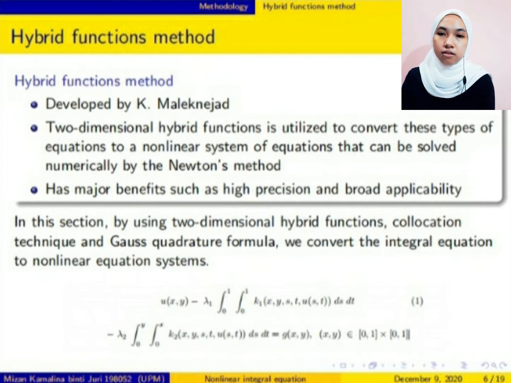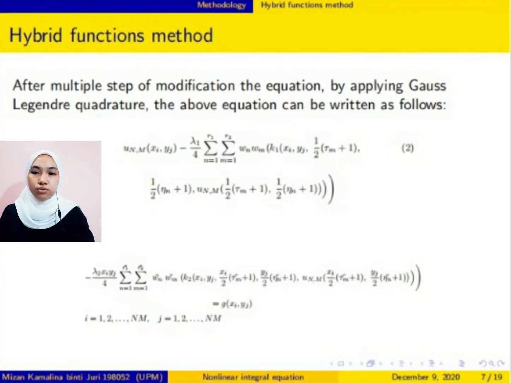In this section, by using two-dimensional hybrid functions, collocation technique, and Gauss quadrature formula, we convert the integral equation to a nonlinear equation system. So this is the original equation of hybrid function method. The two-dimensional nonlinear Volterra-Fredholm integral equation is reduced using this approach to a nonlinear system of algebraic equations that can be resolved using the iteration method of Newton.